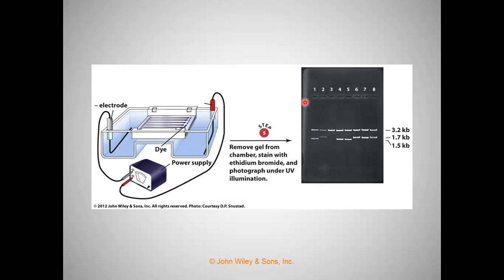At the end we will have an image like this diagram. The DNA running will be complete after some time, and we use ethidium bromide for making the DNA visible under UV illumination.